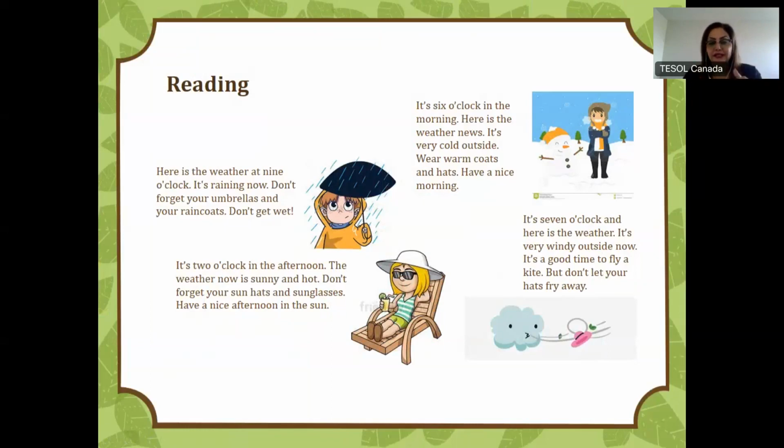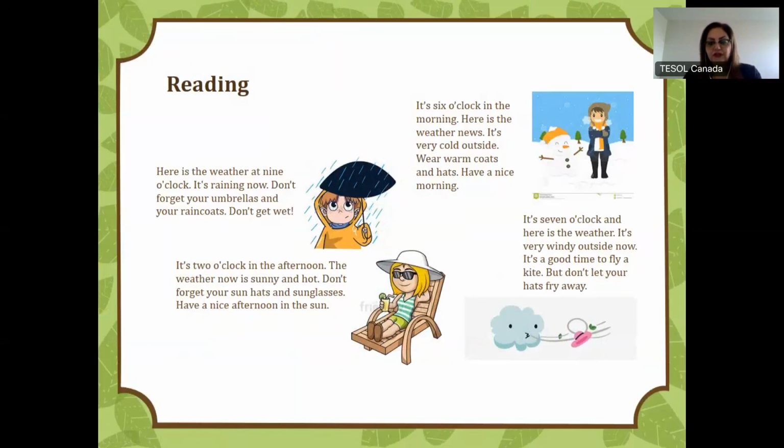But if they are at a level that they can read by themselves, like level 3, 4, 5, or 6, what we're going to do is give them time for skimming. So I want you to read it and tell me when is it? Is it in the morning? Is it in the afternoon?